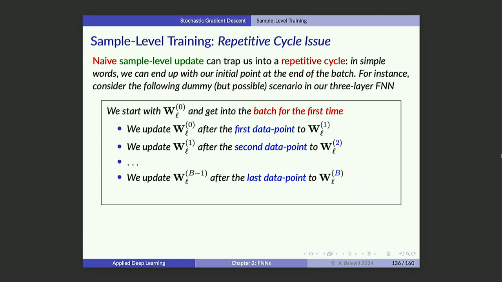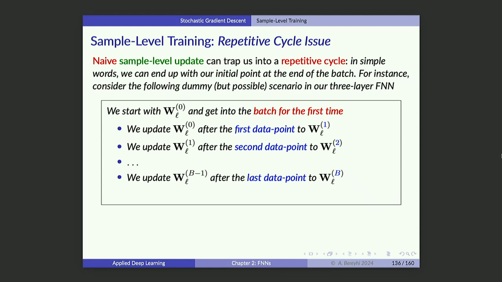Now say that the number of iterations I want to do is more than the size of my data set, meaning that I am going to get back to the first point and do this again. I started with my first data point, computed the gradient, and got my first weight update.